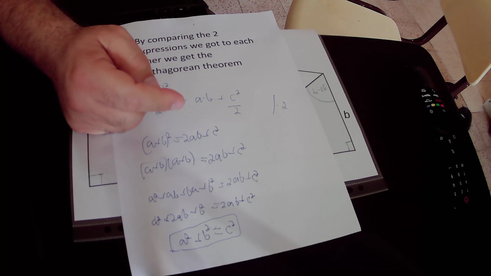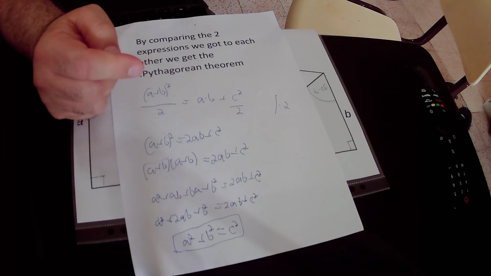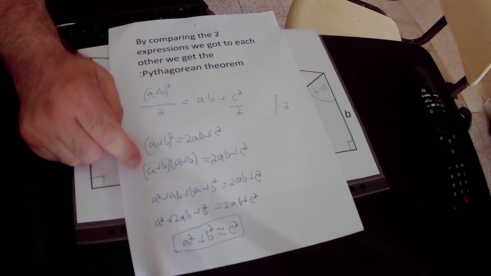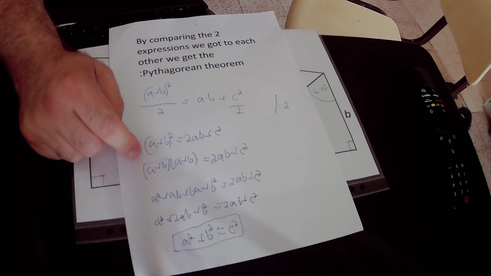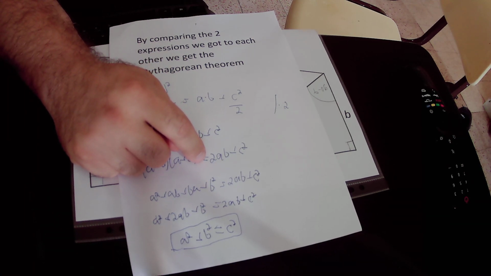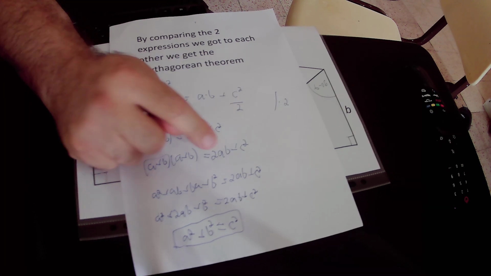Okay, and then A plus B squared is equal to A plus B times A plus B, and it equals 2AB plus C squared.